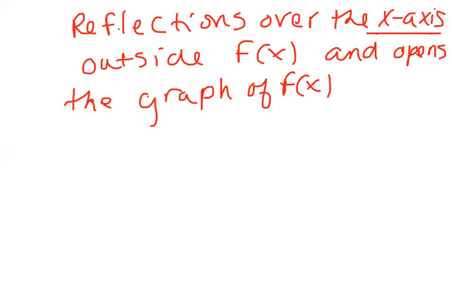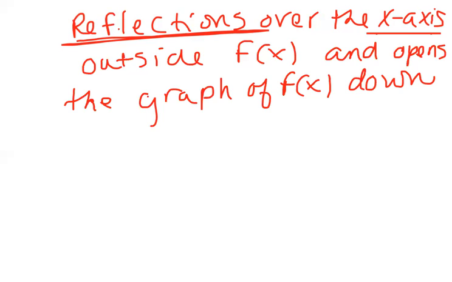So in other words, it opens the graph towards the negative side of the y-axis. So guys, once again, that negative on the outside allows the graph to reflect across the x-axis, and when it's reflecting across the x-axis, basically it shifts the opening of the graph from opening towards the positive side of the y-axis, but rather it opens down towards the negative side of the y-axis.